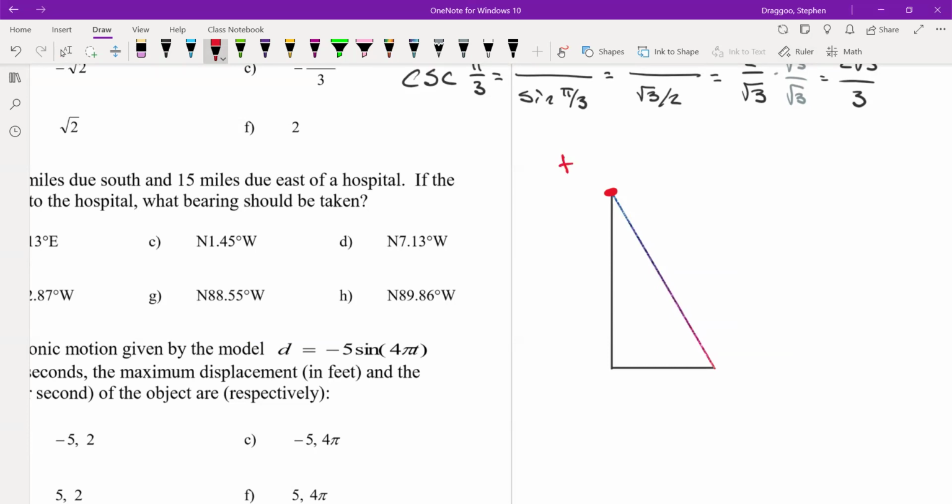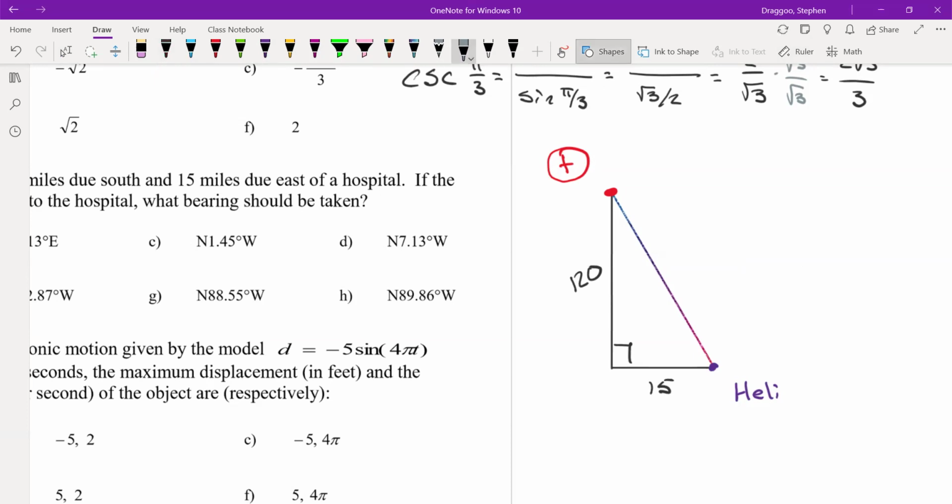Let's use a red cross for the hospital, and I'll call it specifically heli for the helicopter. I want to know the bearing angle from one to the other, knowing that this is 120 miles, this is 15 miles, and I've got a right angle in between them.